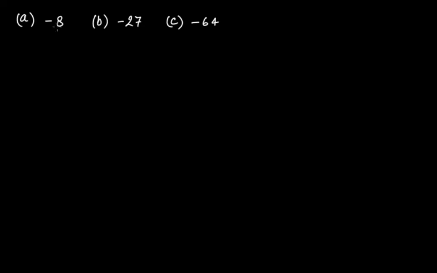Finding cube roots of negative numbers is quite similar to what we have learned so far in the case of positive numbers. Like here, this is -8. So this -8 can be written as -2 multiplied by -2 multiplied by -2, right?